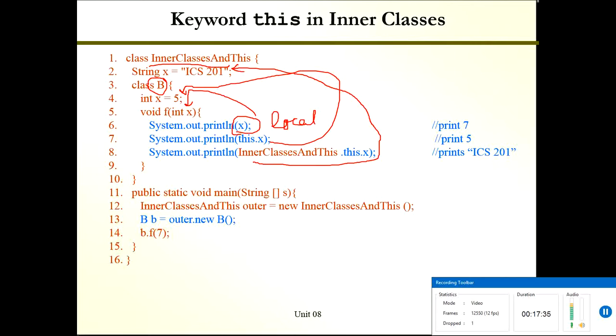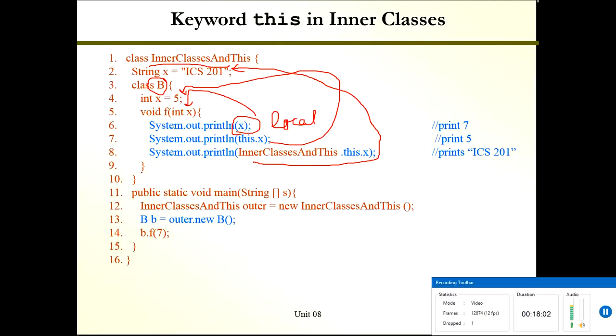If I want to access any object of the inner class, I just have to use the this keyword followed by the object name. But if I want to access any outer class object, the syntax is outer class name dot this keyword dot name of the object.